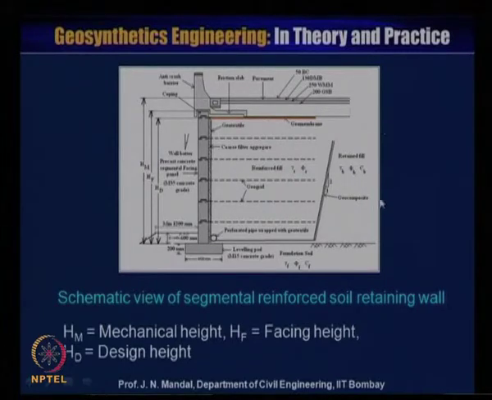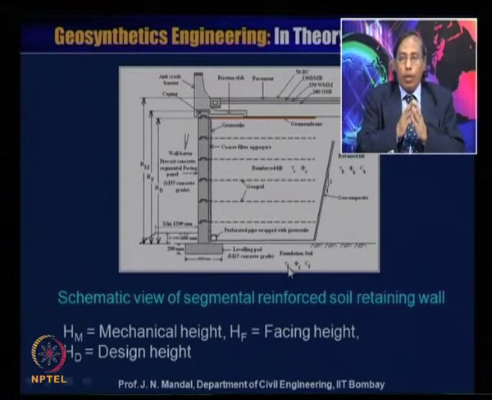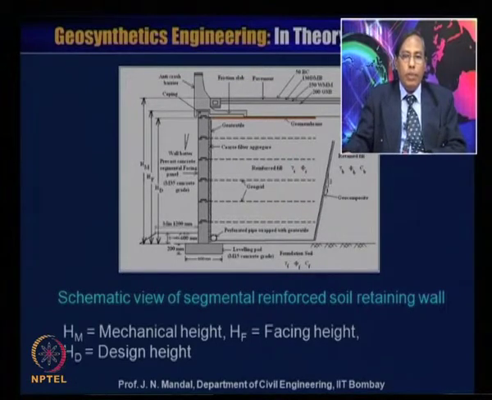So when you design this kind of segmental reinforced soil retaining wall, you require many properties of this material. You require properties for the foundation soil, which can be denoted as gamma f, phi f and c f.